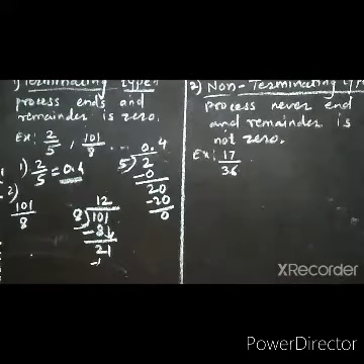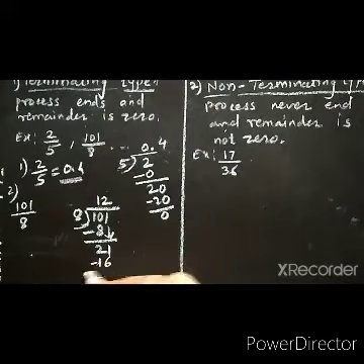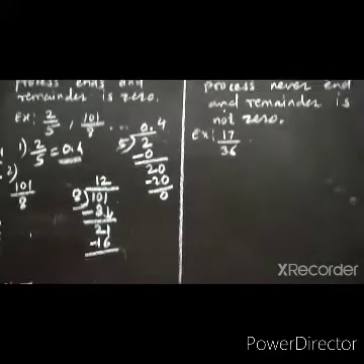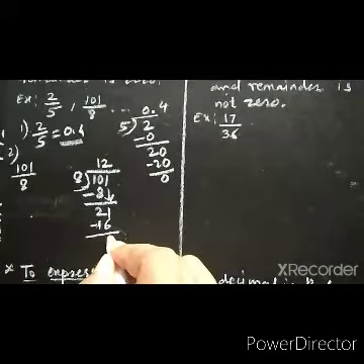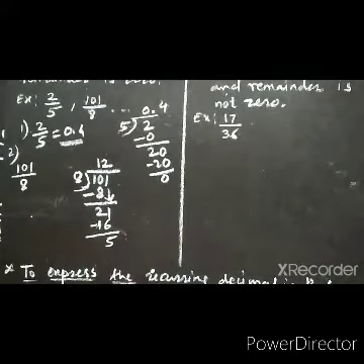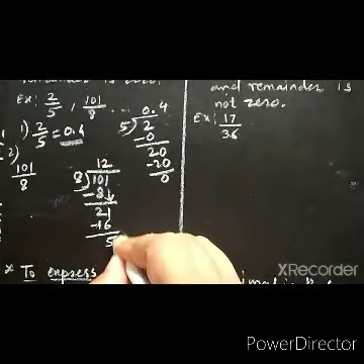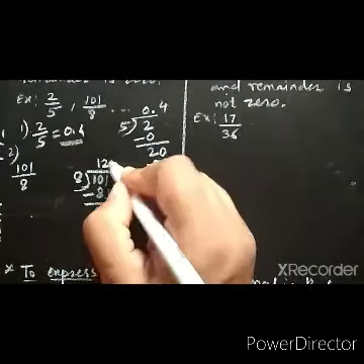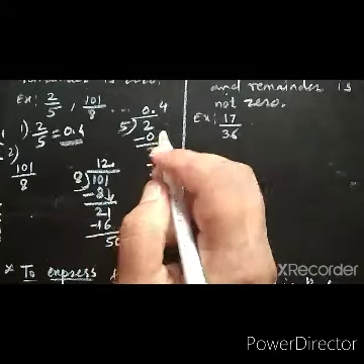Now 21 minus 16, that is 5. Now here we have to take 0, and here a decimal point. Now we have to find 50 in 8's table.